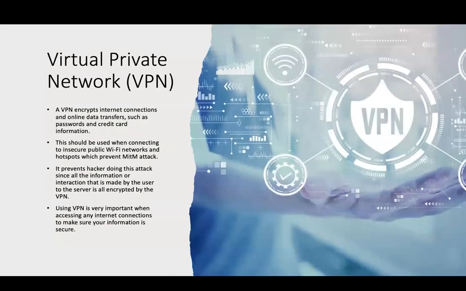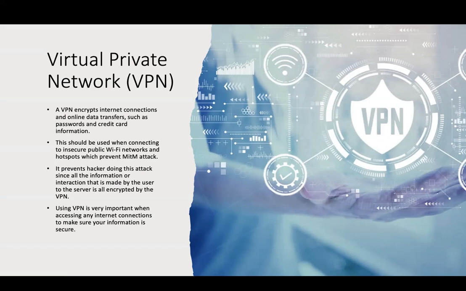Also always use a VPN. A VPN encrypts internet connection and online data transfers, such as passwords and credit card information. If you are connecting to an unsecure or public Wi-Fi network, always use a VPN to prevent this man-in-the-middle attack, because it will encrypt any information.